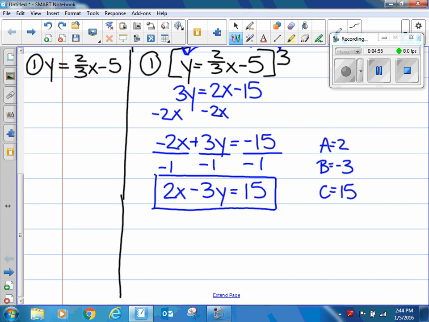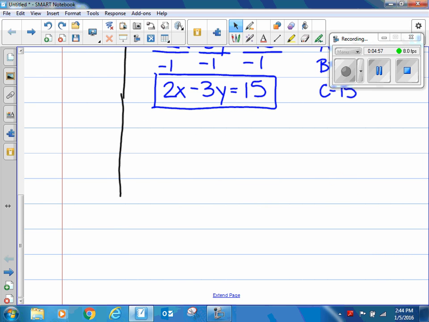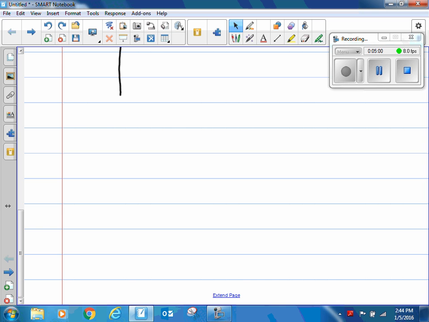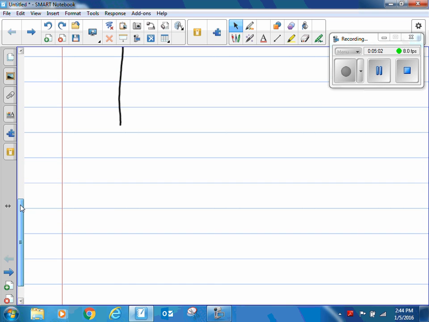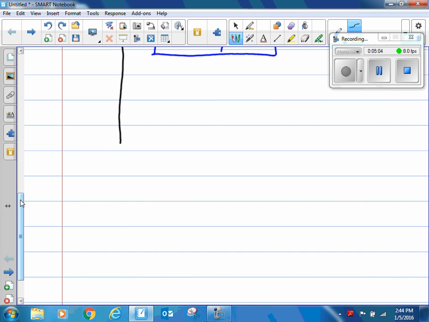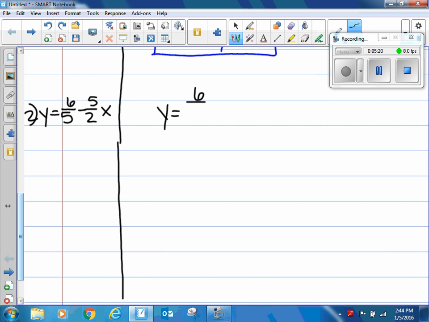All right, let's look at another example. Example 2: y equals 6/5 minus 5/2 x. Okay, so I'm going to rewrite it over here.